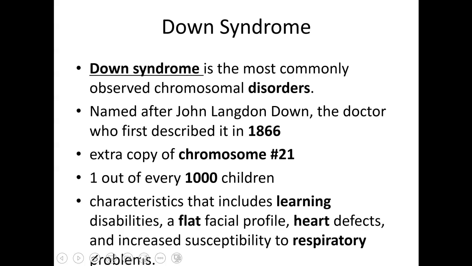Now, Down syndrome is one of the most common chromosomal disorders. It's named after John Langdon Down, the doctor who first described it in 1866. On the karyotype, they find an extra chromosome 21, which is one of the autosomes.